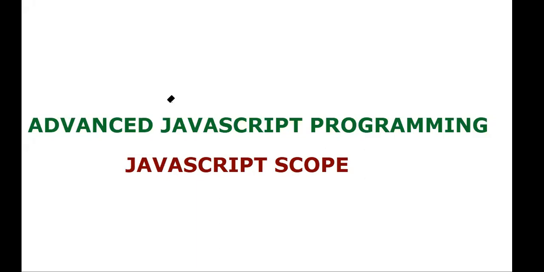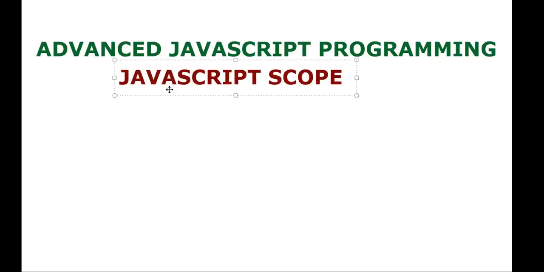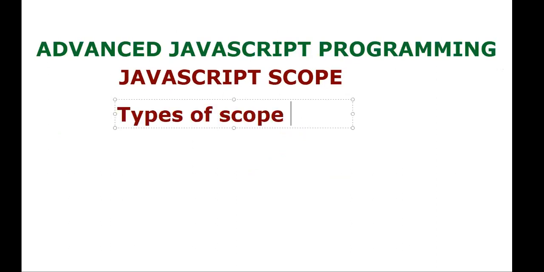So in JavaScript, there are two types of scopes. Let me just write that down. We have the first one, which is global scope.